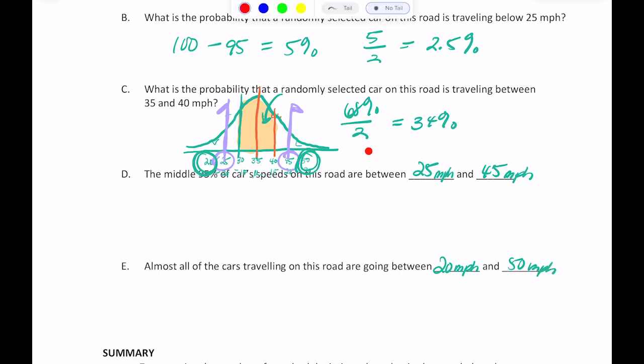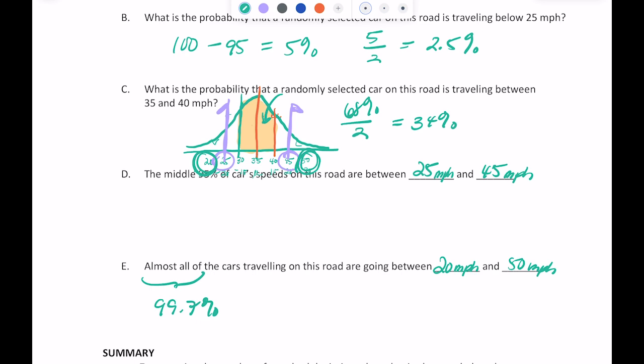Anything beyond those two values is extremely rare. In this book, we say anything above 2 standard deviations is rare. So the probability that someone is driving more than 45 miles per hour on that road would be rare. And the probability that someone is traveling less than 25 miles per hour would be rare. So if you think about it, anybody going above 50 or below 20 would be extremely rare. So mostly everybody, 99.7%, are traveling between 20 miles per hour and 50 miles per hour.